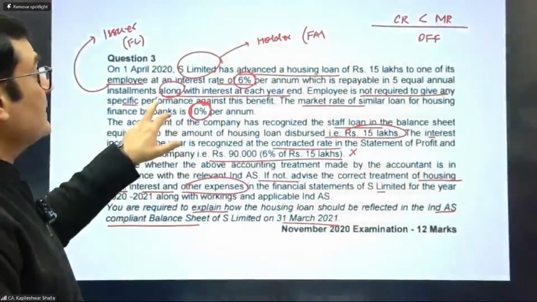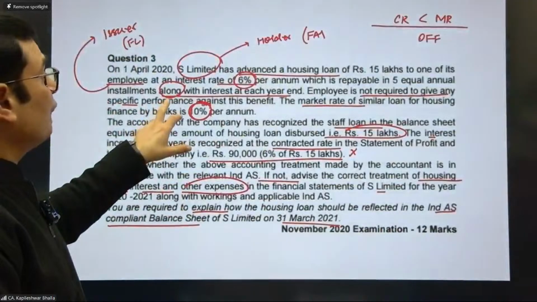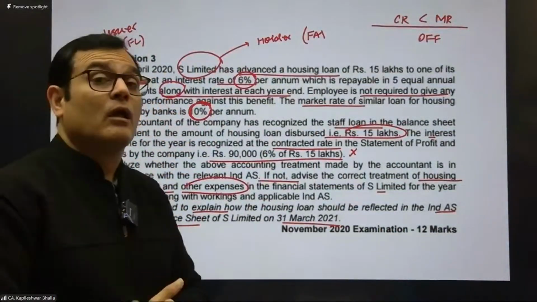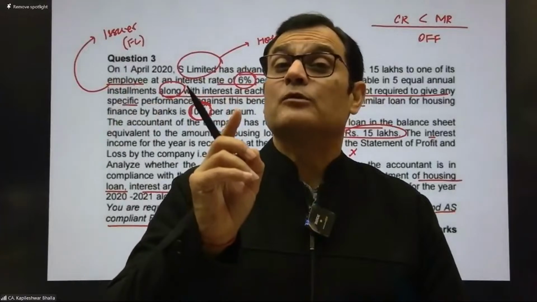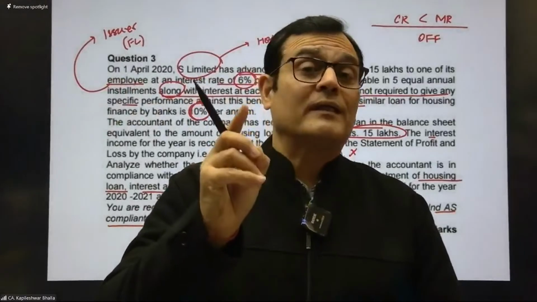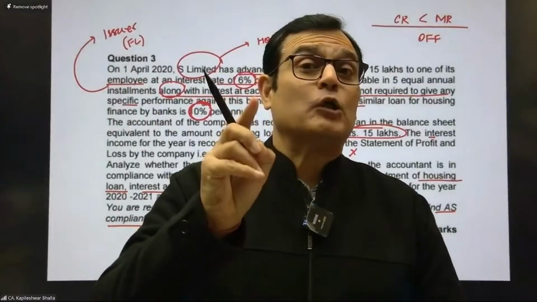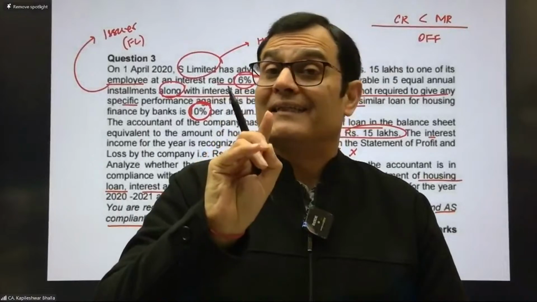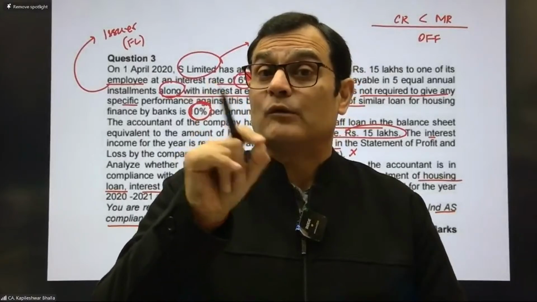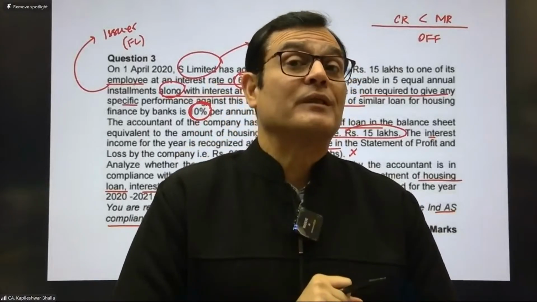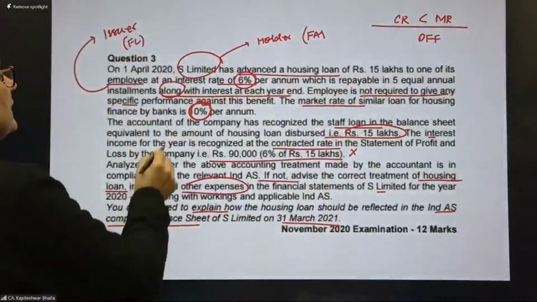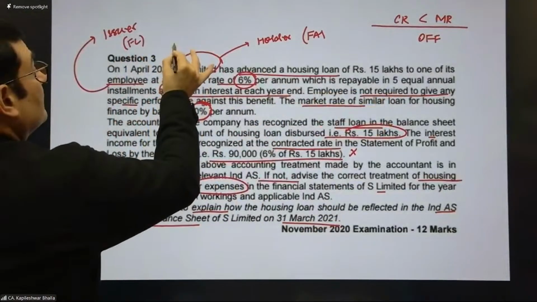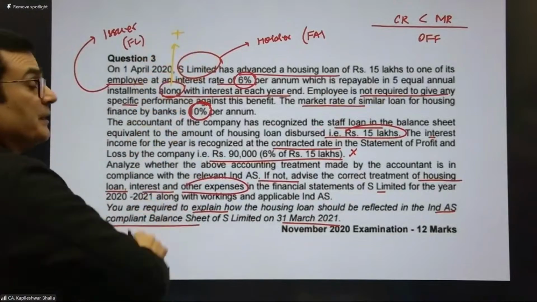When the question says that this is repayable in 5 equal installments along with the interest, this means that you are paying an equal amount of principal. Sometimes one considers that we are paying an equated annual installment. In this case, it's not an equated annual installment. It's an equated principal repayment, because it is equal annual payments, and when it says along, it basically means plus the interest.